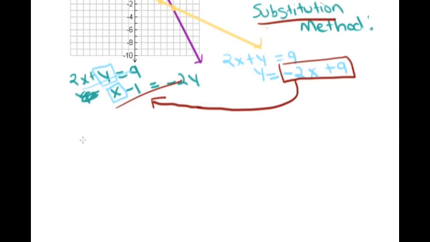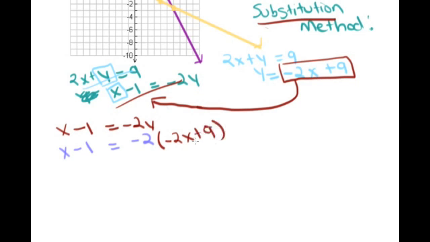So since we know that x minus 1 is equal to negative 2y, and y is equal to negative 2x plus 9, we substitute this negative 2x plus 9 for the y. So x minus 1 is equal to negative 2 times negative 2x plus 9.